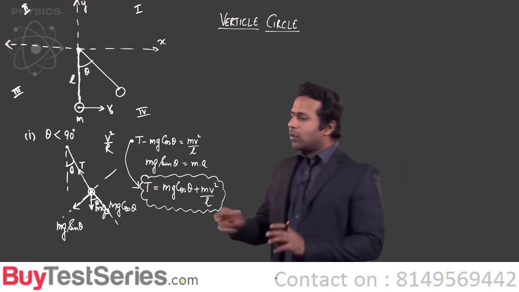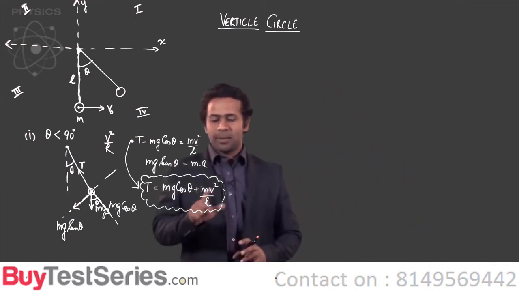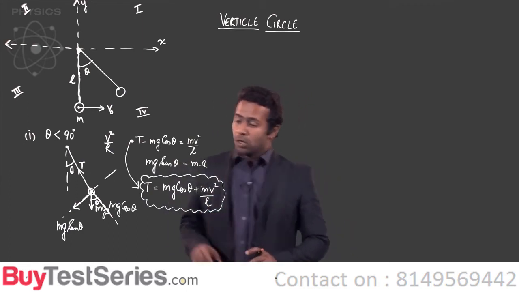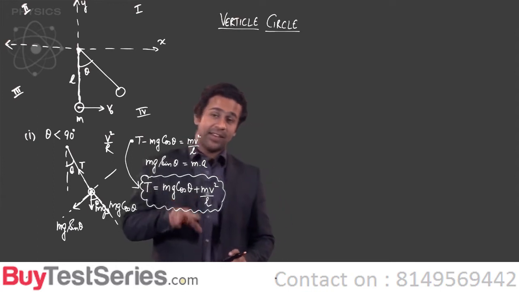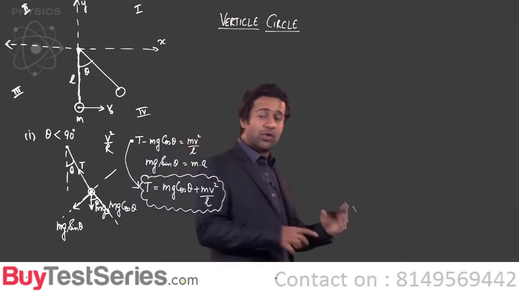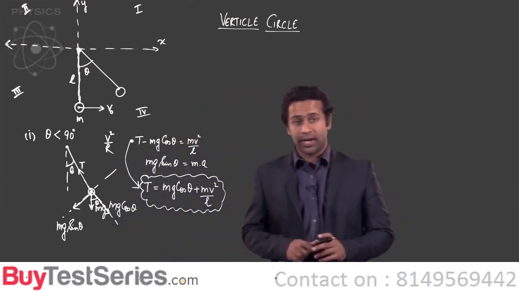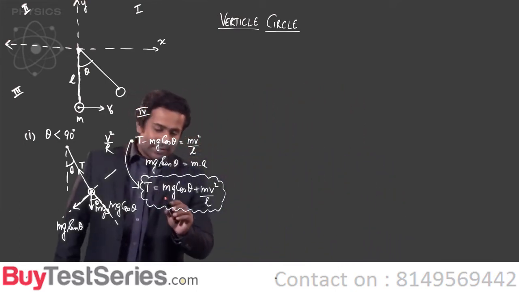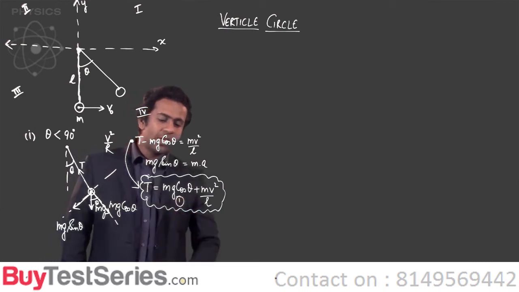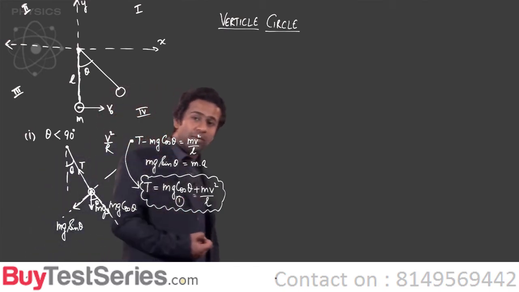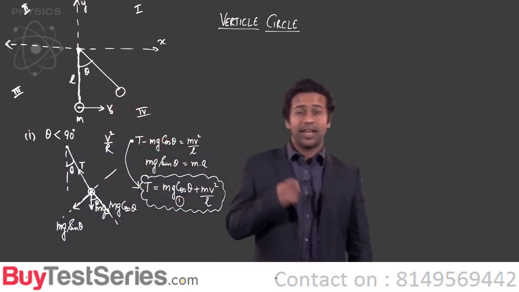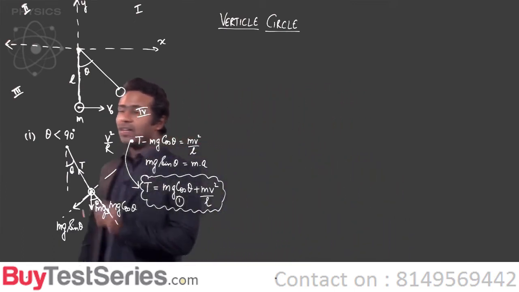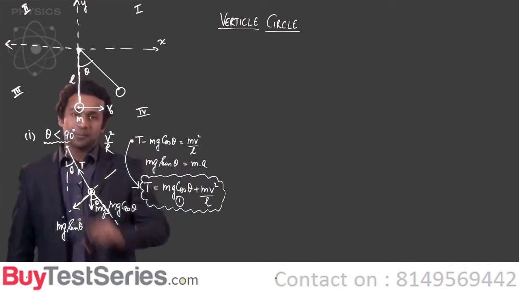Now if you look at each of these terms, mv square by L is a positive quantity. Also, mg cos theta, if theta is less than 90, will always be a positive quantity. In fact, this first term mg cos theta can never be 0, because cos theta can be 0 only if theta is 90, and we are talking about angles less than 90 degrees.